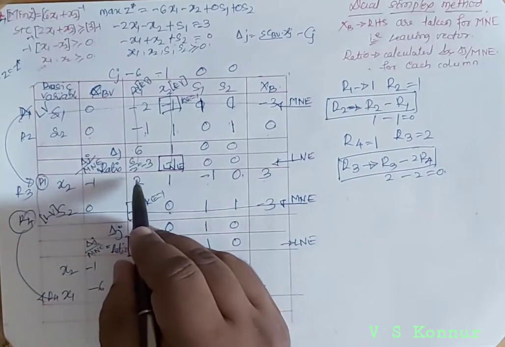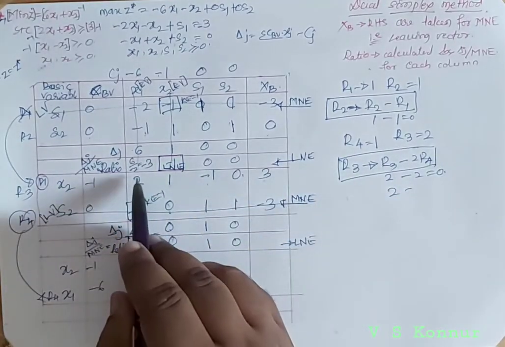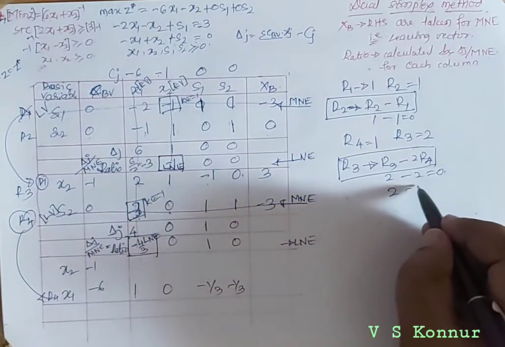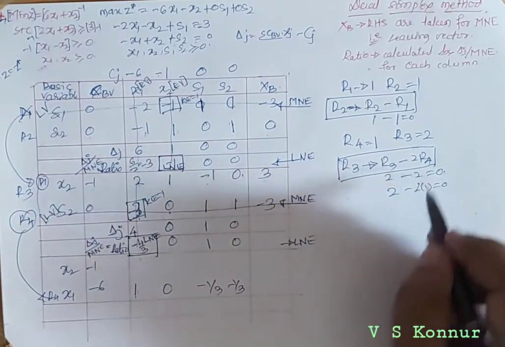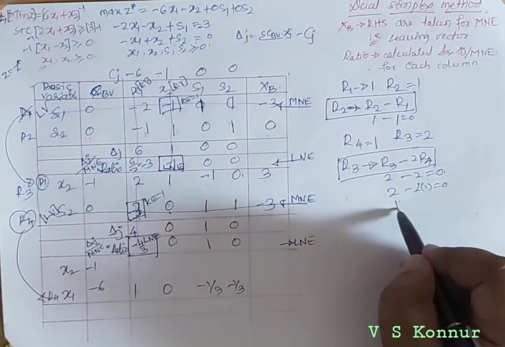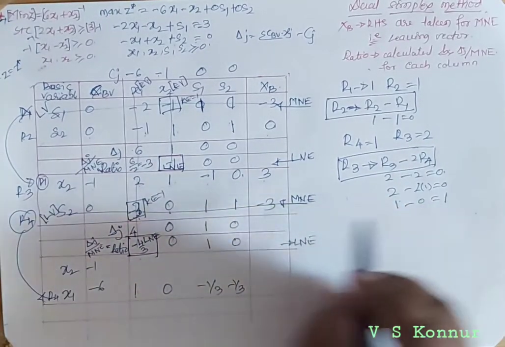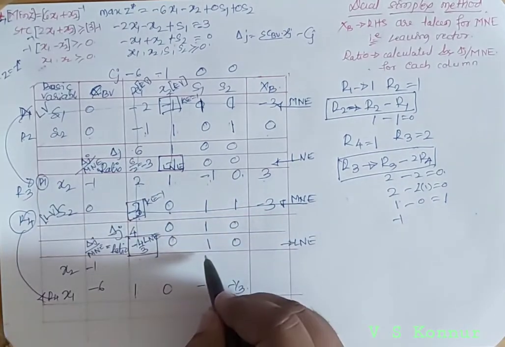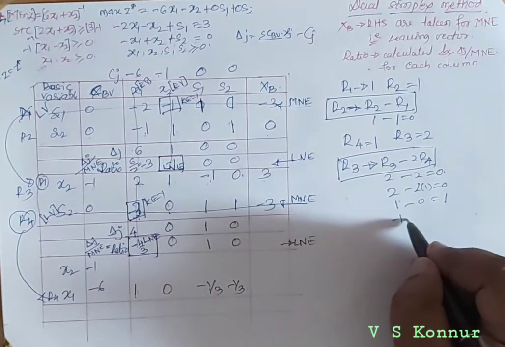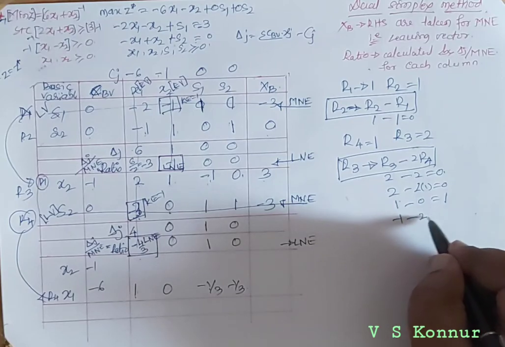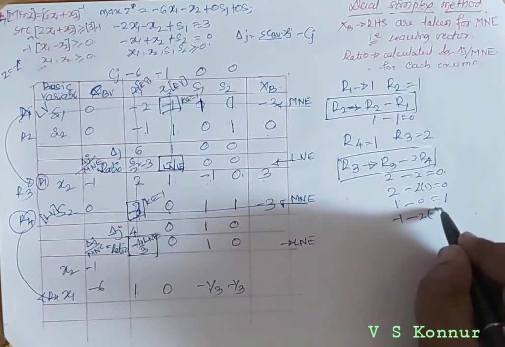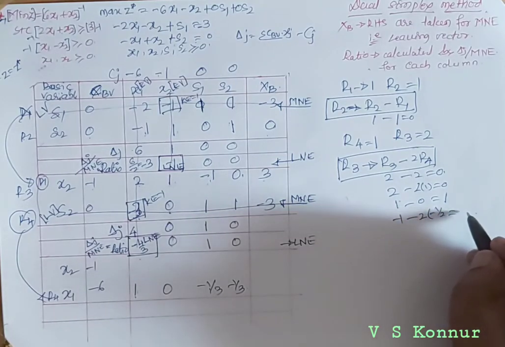We will explain one. 2 minus 2 into 1 equal to 0. The same thing. Next 1 minus 0 equal to 1. Minus 1 minus of 2 into 1 by 3, that is equal to minus 1 plus 1, that is equal to 0 once again.